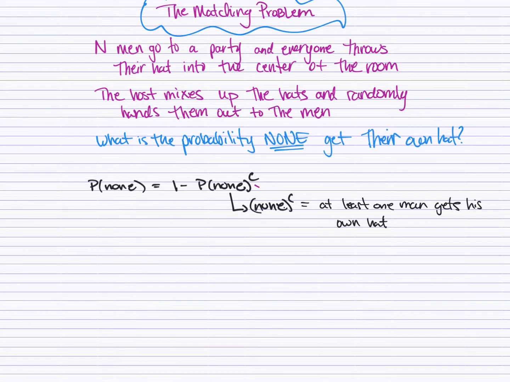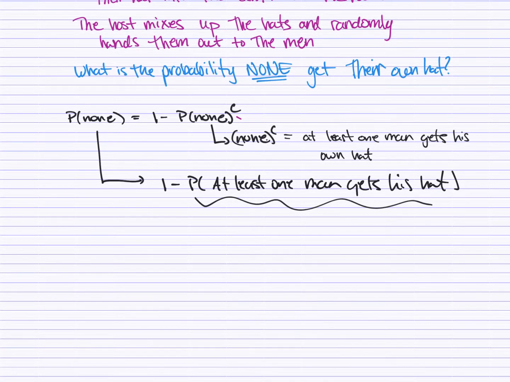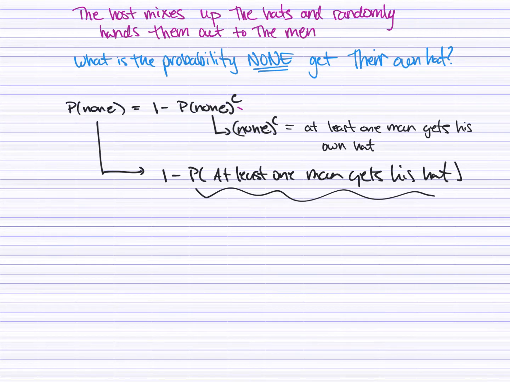So to find the probability of none, we're going to find 1 minus the probability that at least one man gets his hat. Okay? All right, so maybe finding this won't be so bad. So what should at least one be? Well, let's see, that just means that one of the men has it, right?